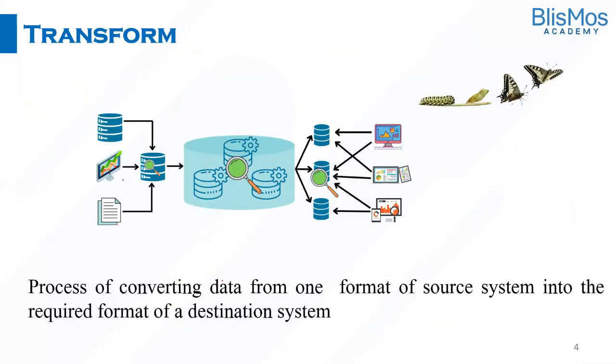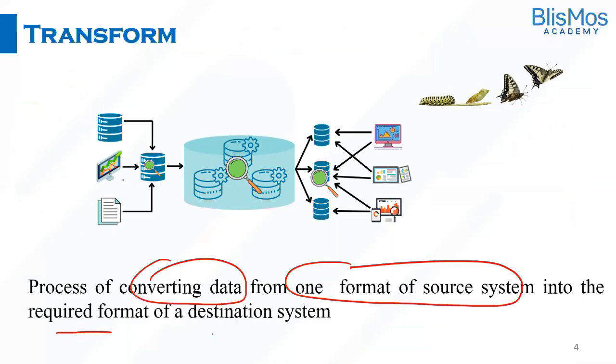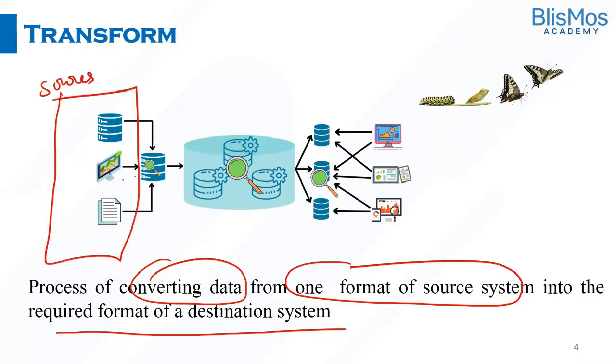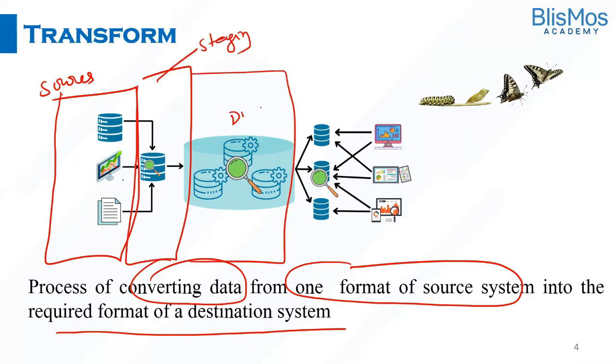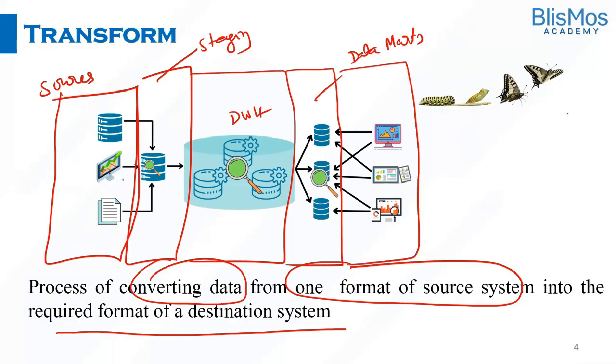One more way of looking at the transformation is converting the data from one format of the source system into the required format of a destination system. What is this source? What is this destination? When we look at the ETL process, there are different stages involved. Let us say at the first step we have sources, then we have staging area, then data warehouse, then data marts, then visualization.